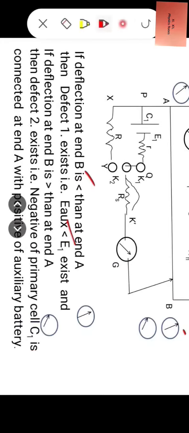And if deflection at end B is more than at end A, then defect 2 exists, that is negative of primary cell C1 is connected at end A with the positive of auxiliary battery.